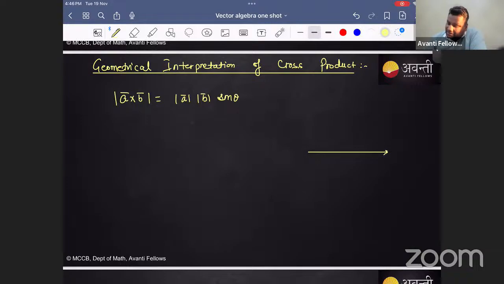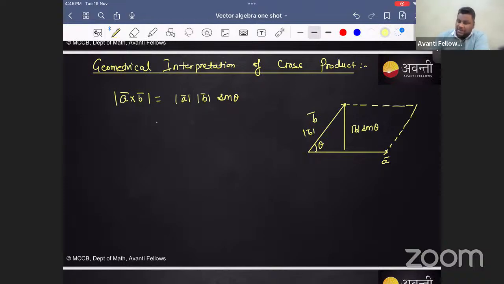Let this vector be A, this vector be B. Got it? Now, if you complete this parallelogram and you get this angle as theta, this is magnitude B. So this height is going to be magnitude of B sine theta. So isn't it, this is base and this is height.